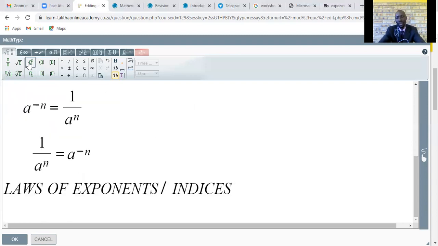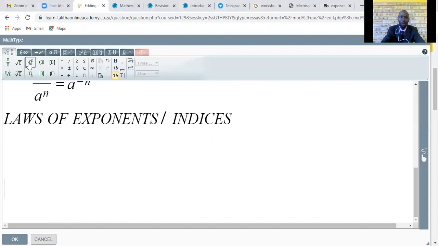What are these laws of indices? Are they important that we deal with them? Well, it's very important that we deal with these laws of indices. The first law of indices, or the first law of exponents, states that, remember, each time I mention the word exponent, what should come into your mind is that exponent represents the number of times a quantity called the base must be multiplied by itself.